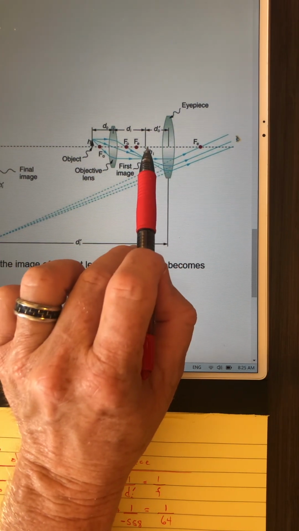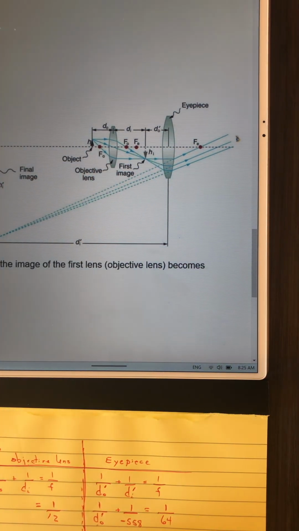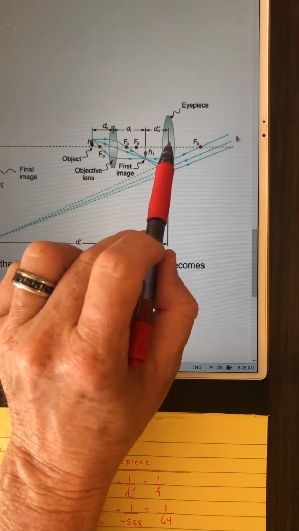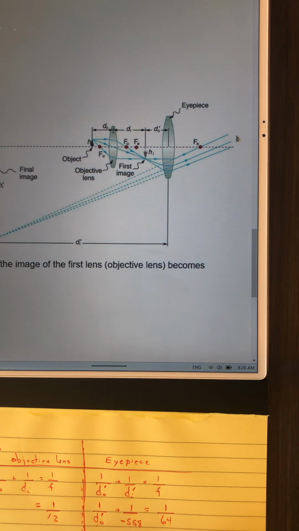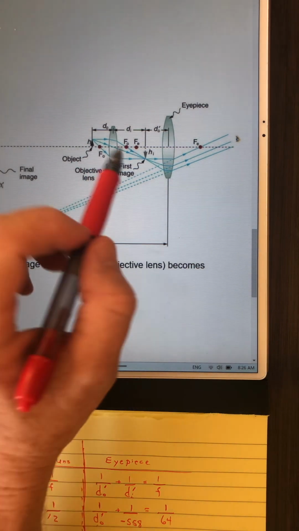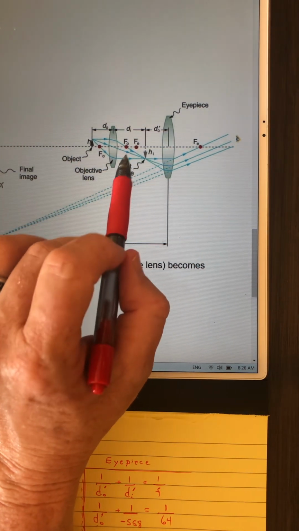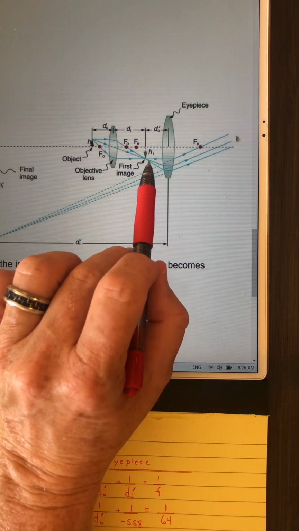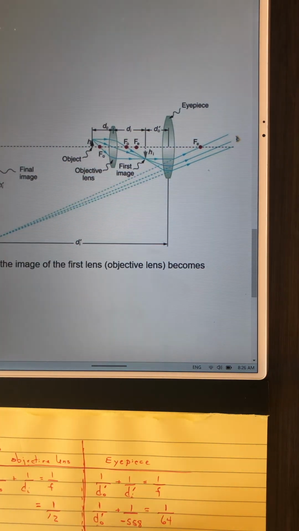And this is saying then that the object for the eyepiece right here is 5.74 centimeters, or 57.4 millimeters. That's this one here. Okay.